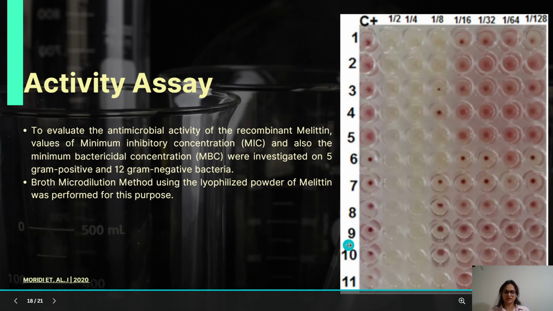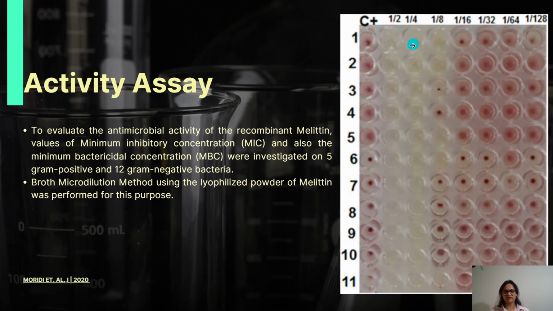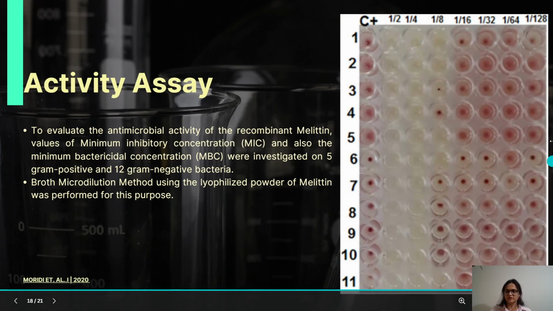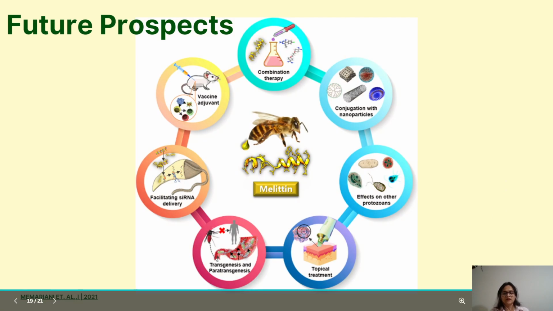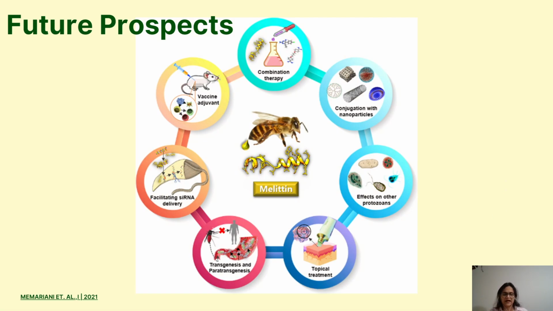Broth microdilution method using the lyophilized powder of melittin was performed for this purpose. This is the broth microdilution apparatus. And then the production of melittin by this method costs very little, and it paves the way for further studies and also for the therapeutic usages of the melittin.